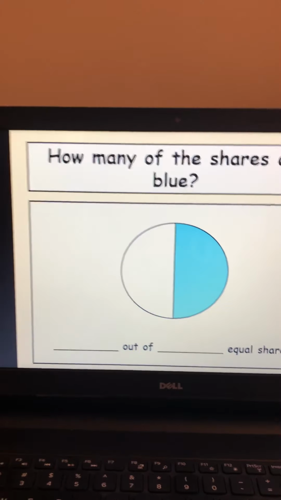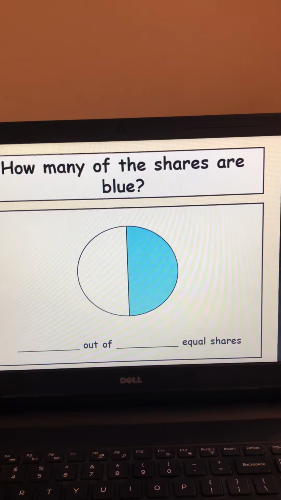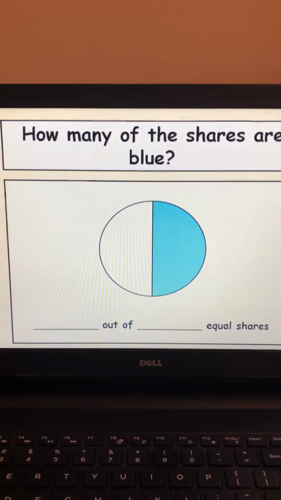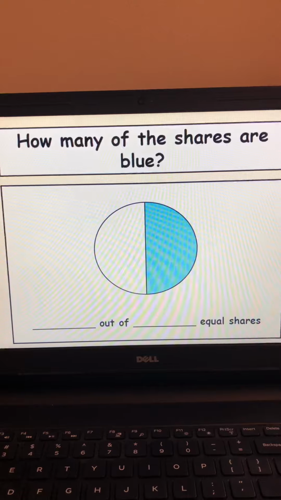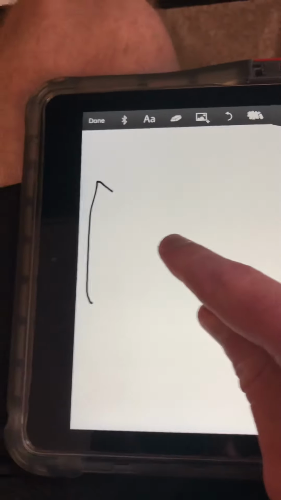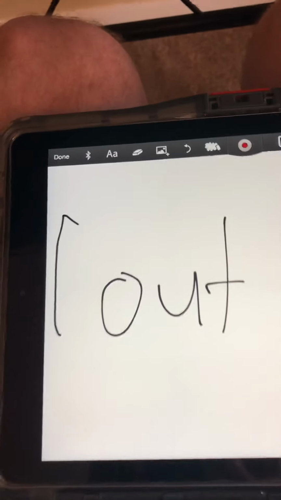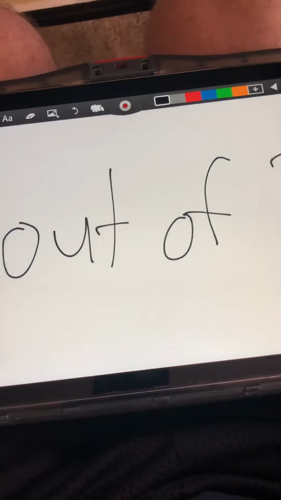How many shares are blue? So you can write that down. So 1 share is blue out of 2 total. So 1 out of 2.